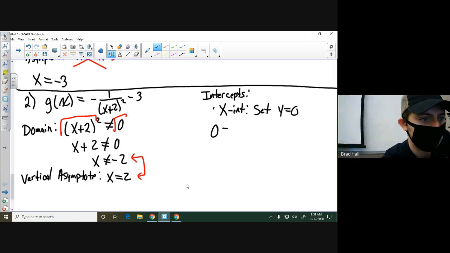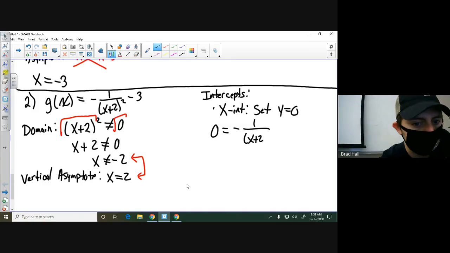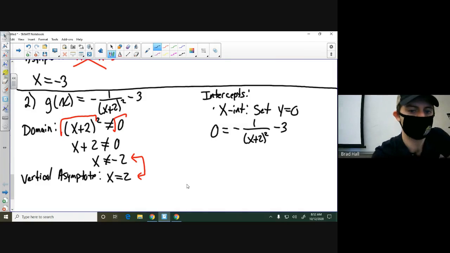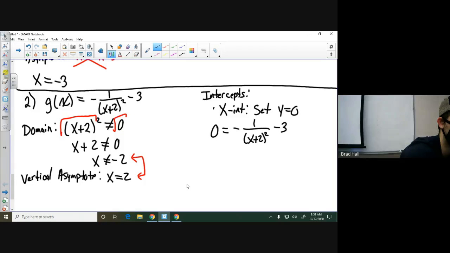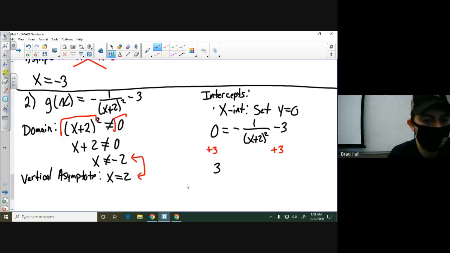So 0 is equal to negative 1 over (x plus 2) squared minus 3. We need to add 3 on both sides. Okay, 3 is equal to negative 1 over (x plus 2) quantity squared.